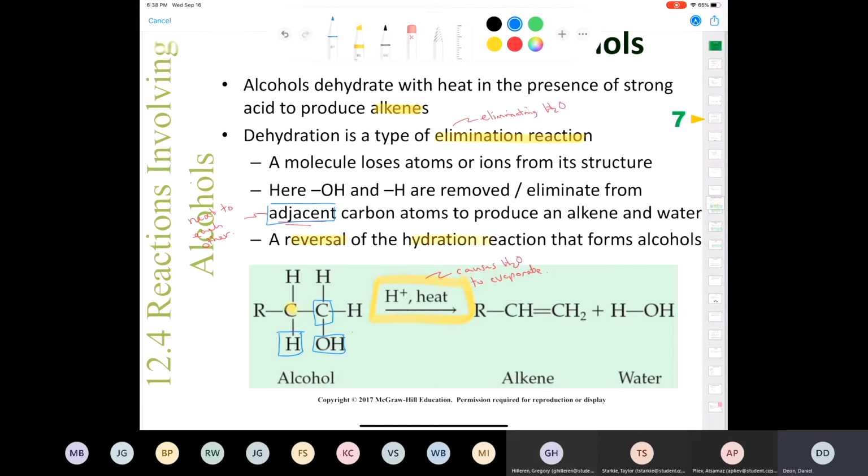So now I have all the atoms that I need for my H2O. So when I draw my alkene, I'm going to draw what's left over, and I'll go through it quickly. You would have the R group, the carbon that I had highlighted in yellow, the other carbon on the end. You have this hydrogen, and this hydrogen, and you've lost this hydrogen and the hydroxyl. What are you going to replace them with?